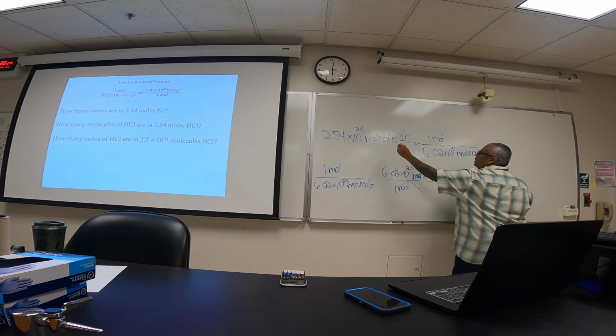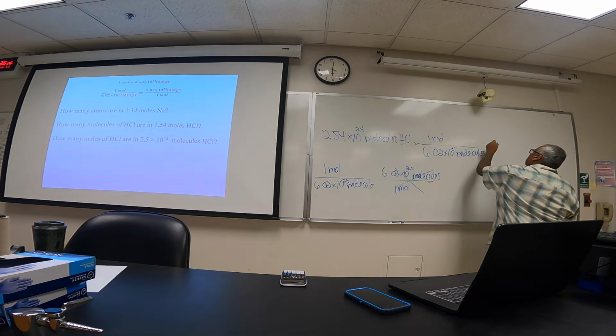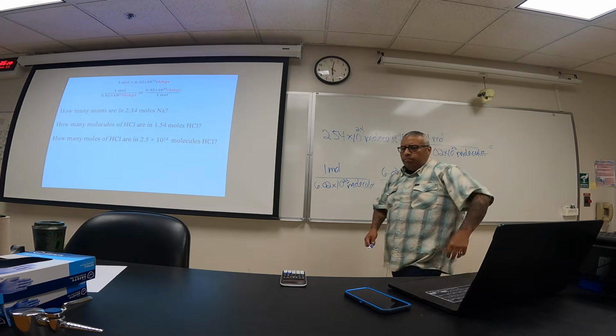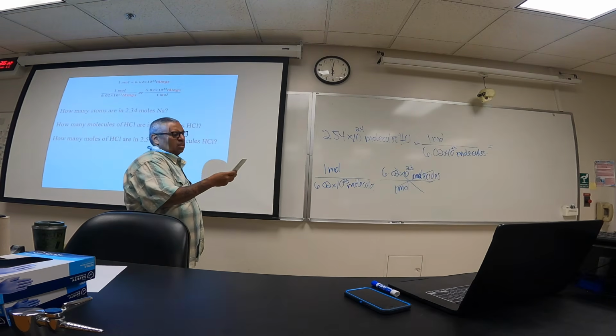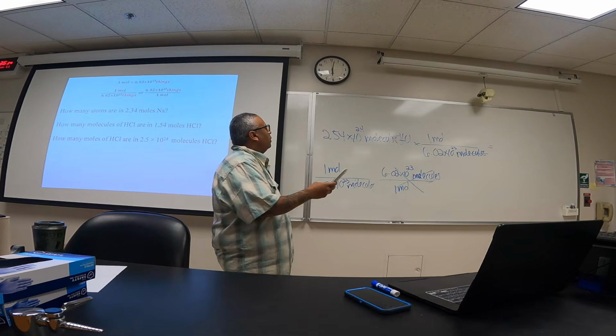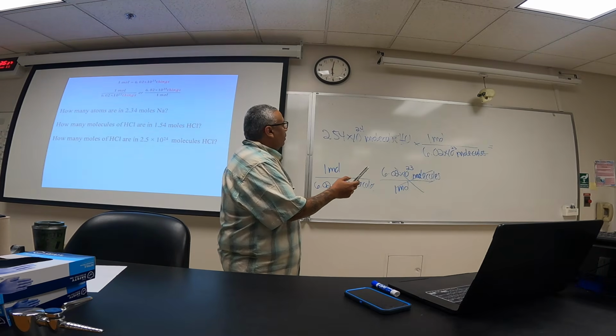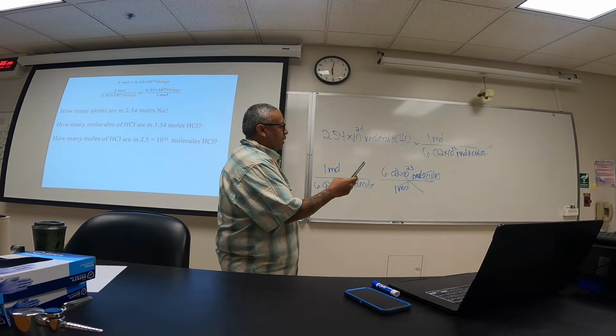So this unit cancels out this unit. And let's see what this is, 2.54. I'm going to have you calculate this with me. I do need to ask everybody a question after this.